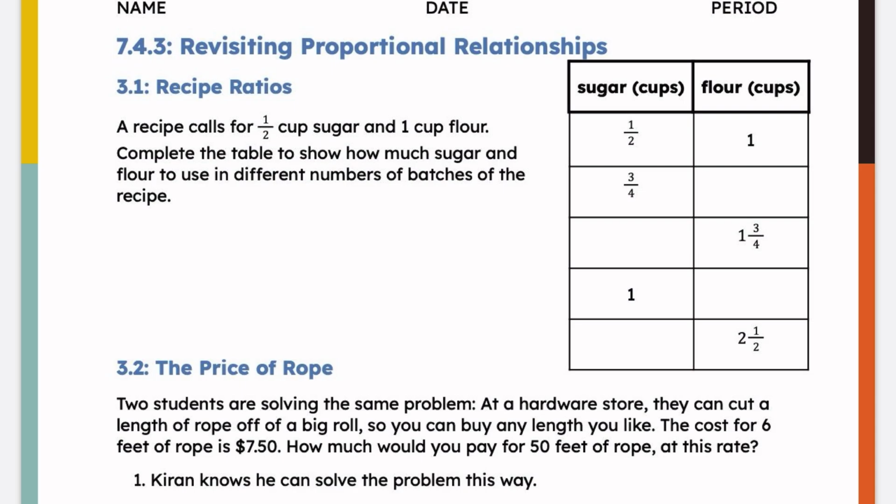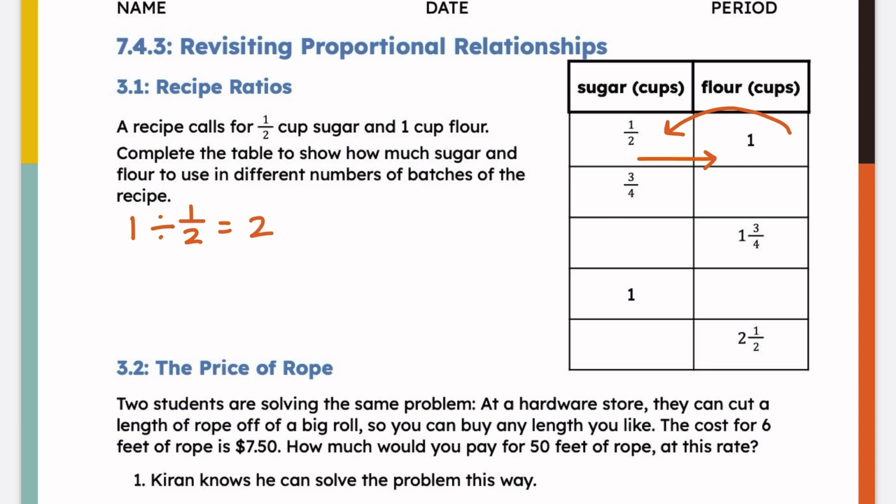In order to answer this question, we have to remember, how am I going across the table? What is the constant of proportionality? Again, for some students, this might be a mental math problem, but in case it's not, anytime I don't know how to go forwards, I'm going to work backwards and divide. So I might need to type into my calculator 1 divided by 1/2, and that is going to give me the number 2.